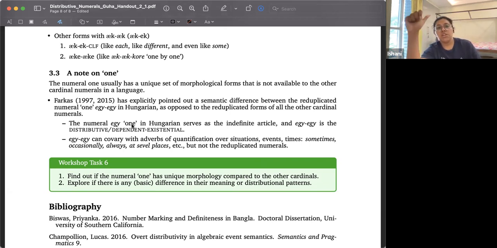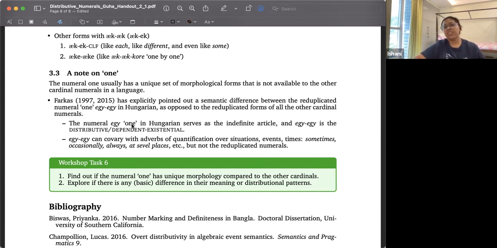First of all, egy in Hungarian behaves like the indefinite article. And so its reduplication, according to Farkas, creates a distributive existential, not a numeral, right? There's more than cardinality, there's an existential indefinite reading.